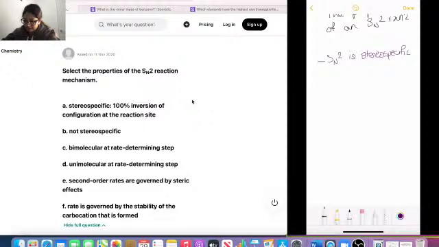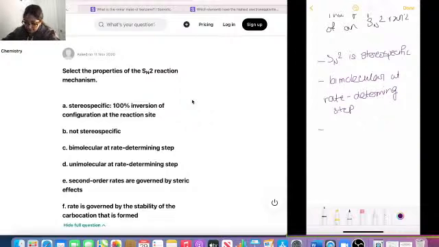It is also bimolecular at the rate determining step. When you have a bimolecular reaction, that's the rate determining step, in which the overall rate depends on a step where there is a collision between two separate molecules.